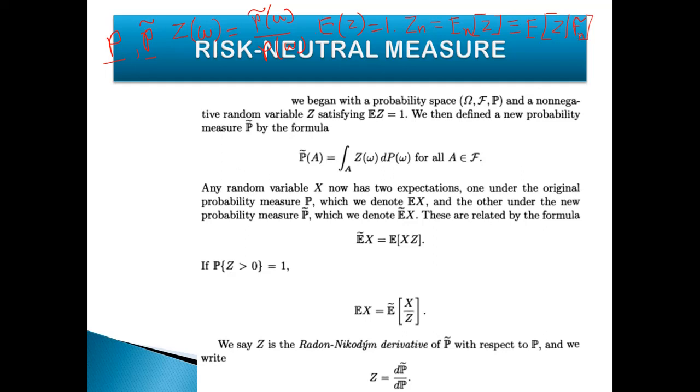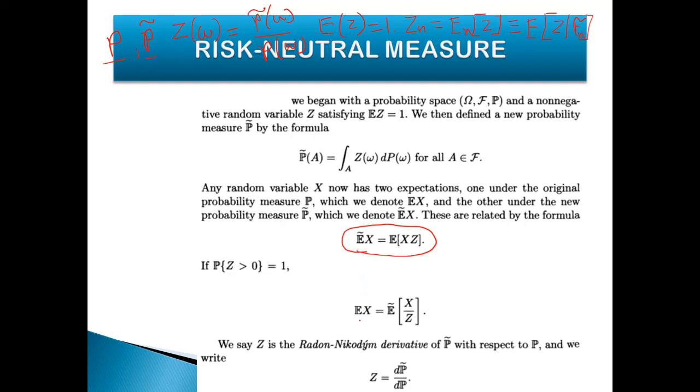Any random variable X now has two expectations, one with respect to P, and another with respect to P tilde. We denote them by E X and E tilde X. The relation between these two types of expectation is that E tilde X is E of XZ.